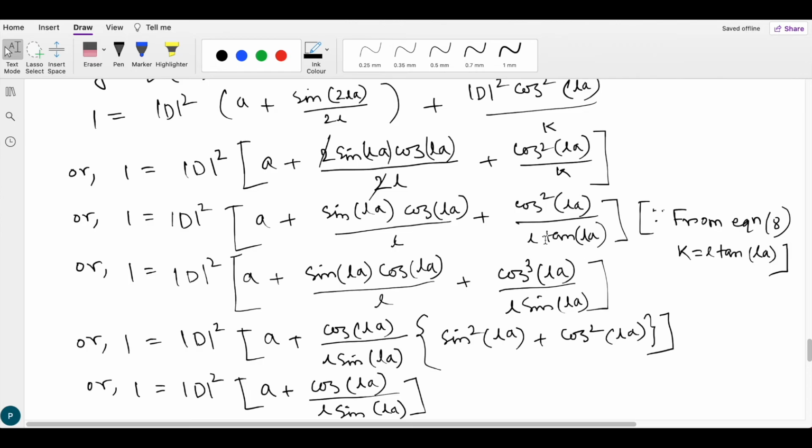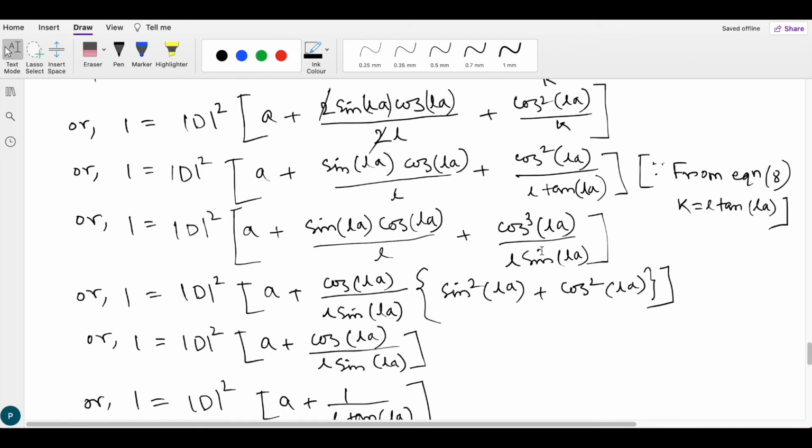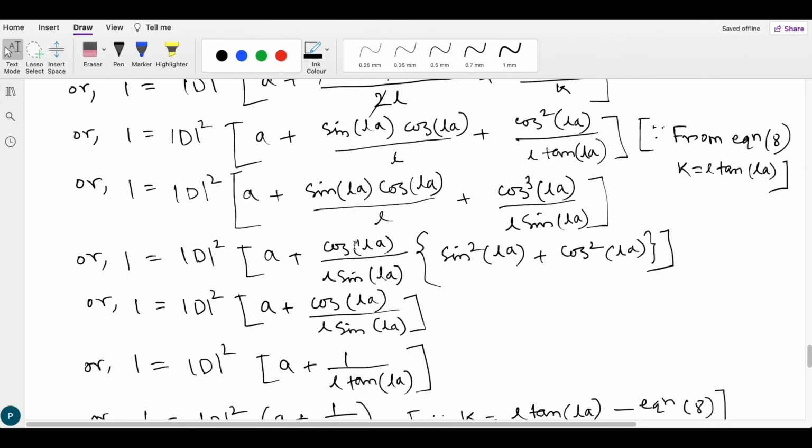We write that value instead of k here, and breaking tan la into sin la by cos la, we get the last part of the equation as cos cube la by l sin la. Now if we take cos la by l sin la as common, we get sin square la plus cos square la inside the bracket, and we know this is 1.